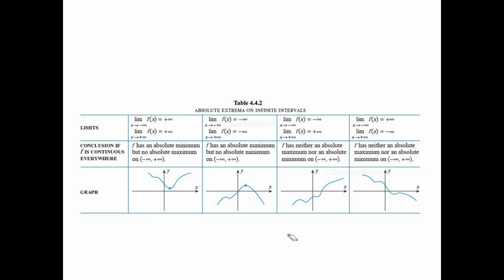But if on the endpoints, both times you're taking off to positive infinity, both on the left and on the right, then if you're continuous, you have to have an absolute min. Likewise, if on the ends you're taking off to negative infinity and negative infinity, then somewhere in the middle you have to have a high spot, an absolute max, right? But if you're taking off both to negative infinity and positive infinity, as in these last two, you don't have to have an absolute max. You don't have an absolute max or an absolute min, right?